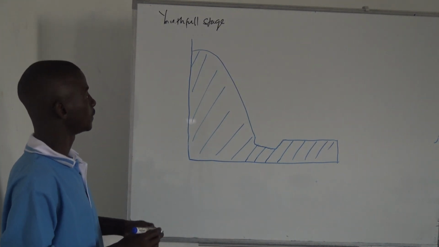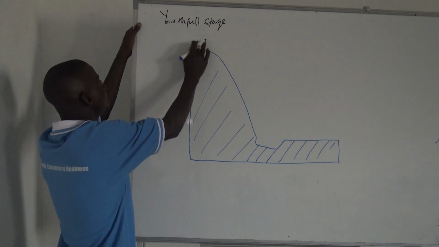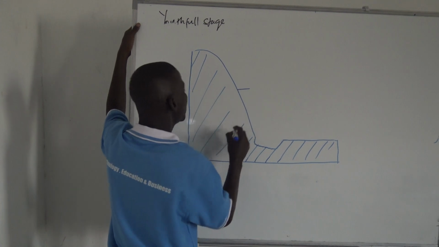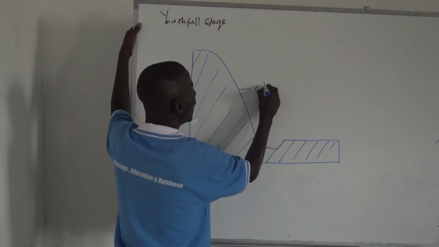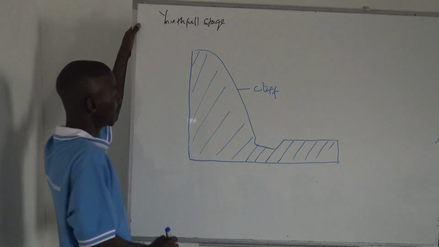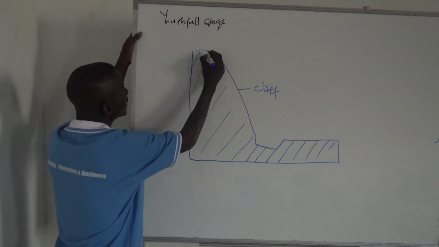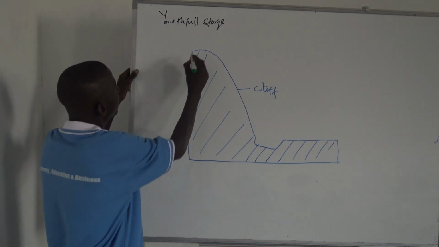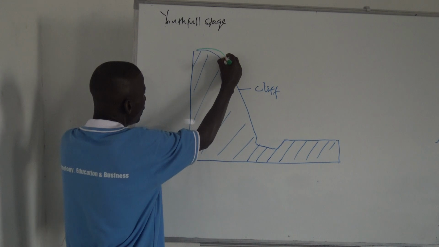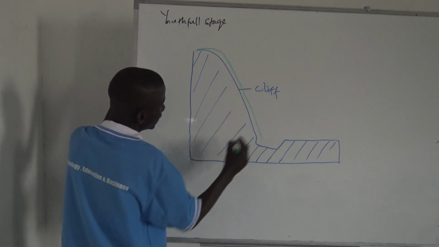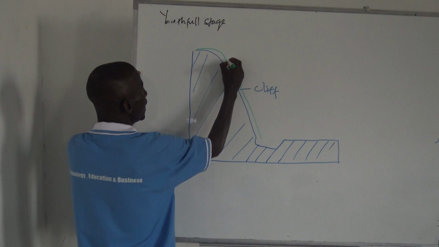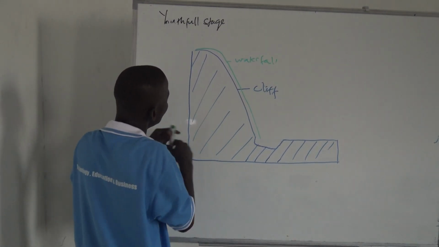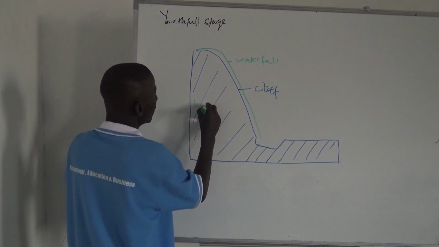So if this would be a waterfall, this one we have called a resistant rock, a cliff. And our waterfall is this river system that is flowing over a very steep gradient. So this one is our waterfall. This resistant rock, of course, is land mass.